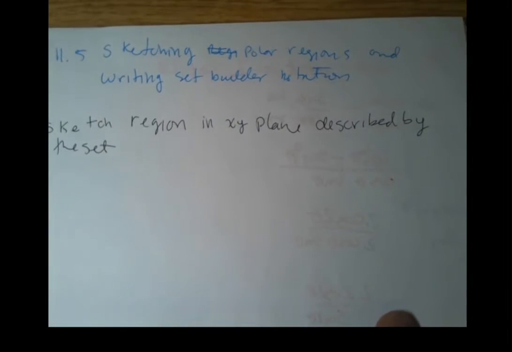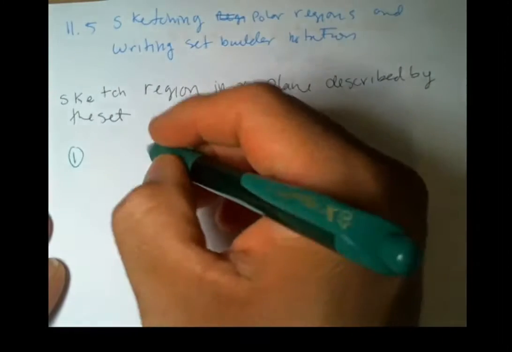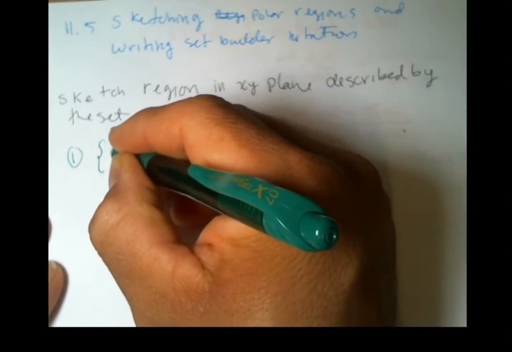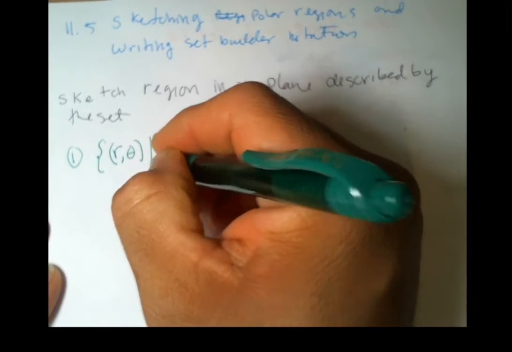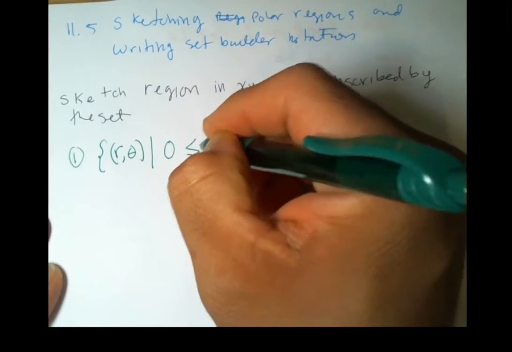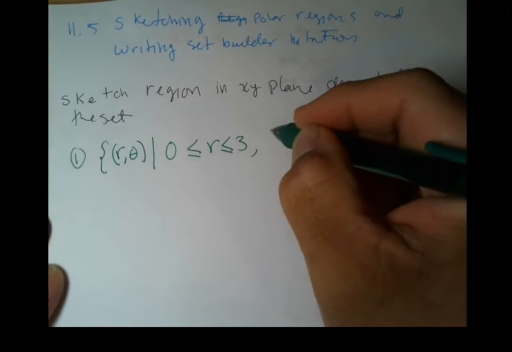All right, so for our first problem, number one, we are given a set in set builder notation. And again, set builder notation looks like this, right? It has curly brackets.